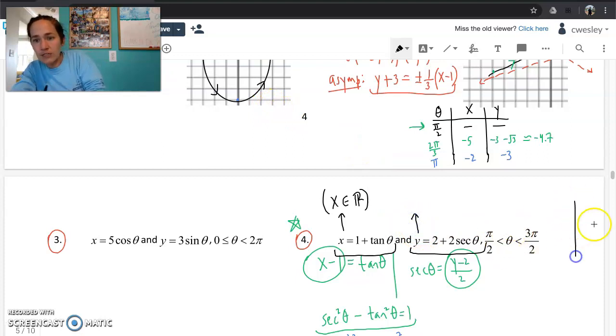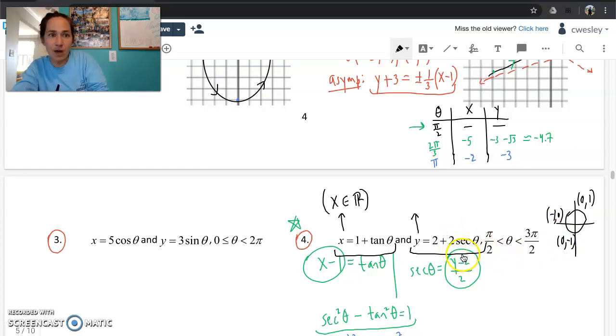If you're strictly staying between pi over 2, so (0, 1), pi, the other quadrantal is (-1, 0), and it gets down to (0, -1). Think of what secant is going to become, right? Secant is flipping the x value. This is the lowest the x value ever gets to, leaving negative decimals in the other two quadrants. So the highest secant is ever going to get to is -1.